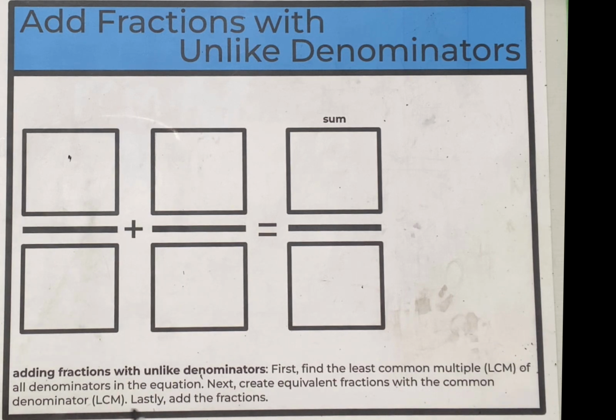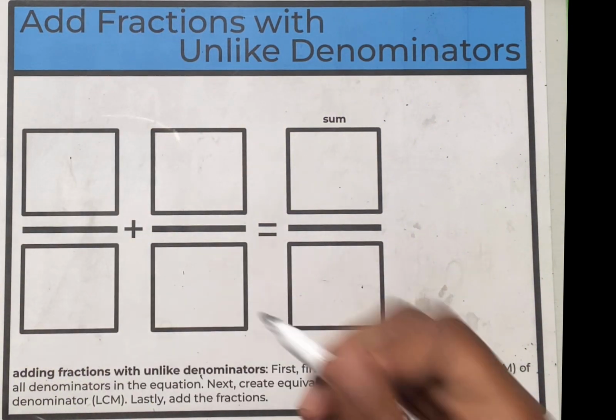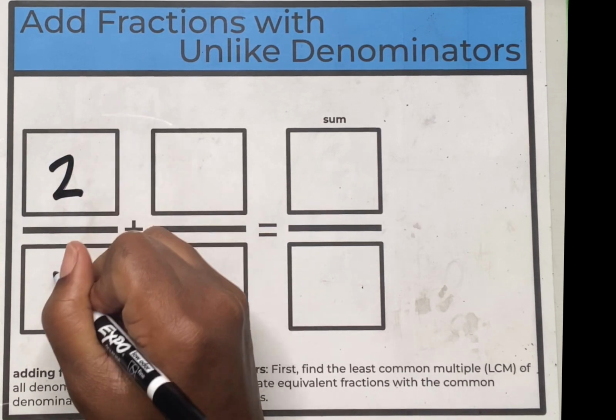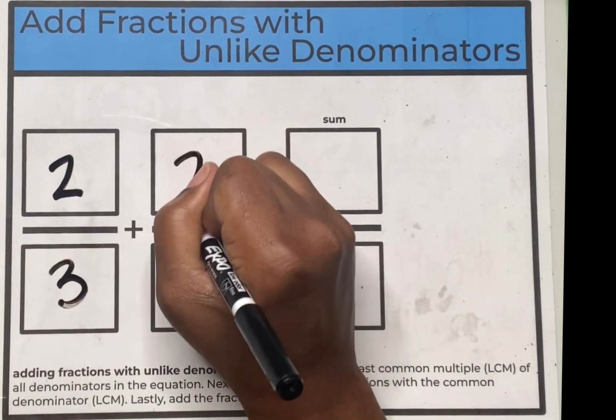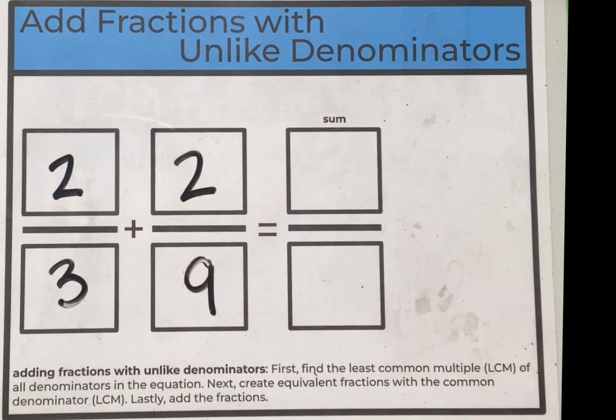First, find the LCM of all the denominators. Next, create equivalent fractions with the common denominator. Lastly, add the fractions. Constantly reread your notes, review anchor charts, etc., so that you can get this stuff memorized. Okay? Math takes practice.